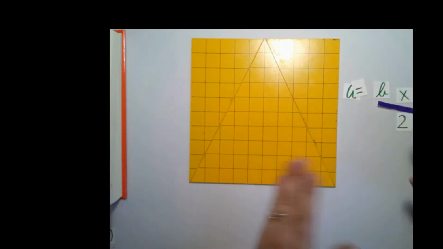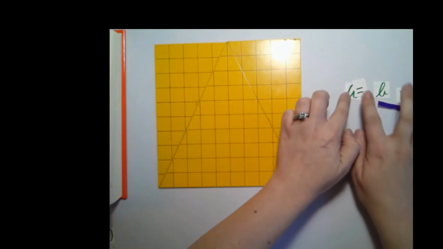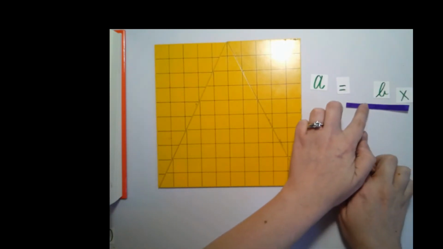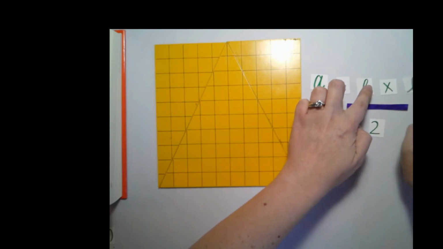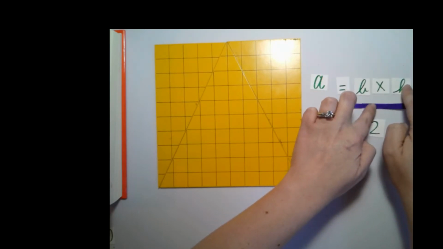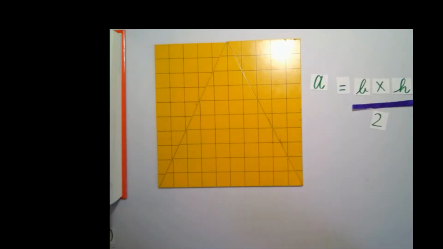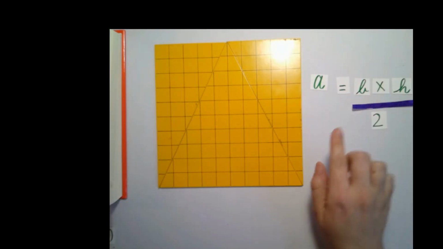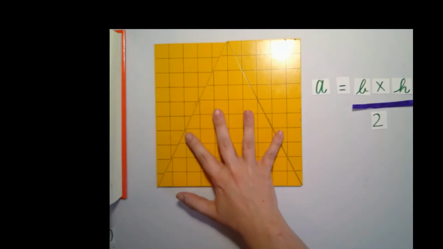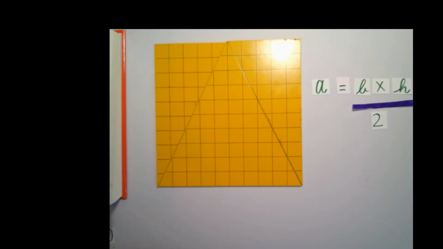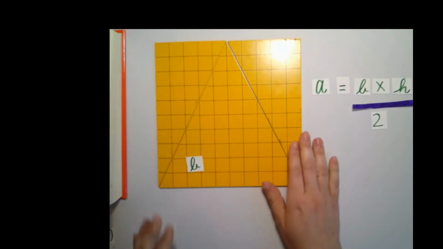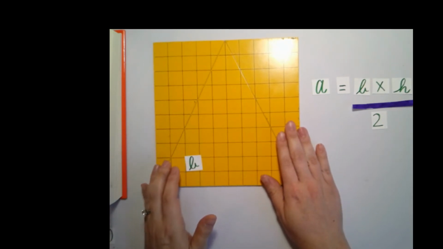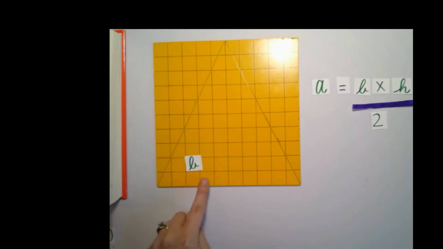All right, so this is our formula. The value for our base is, you can count it real quick just to make sure, 1, 2, 3, 4, 5, 6, 7, 8, 9, 10.